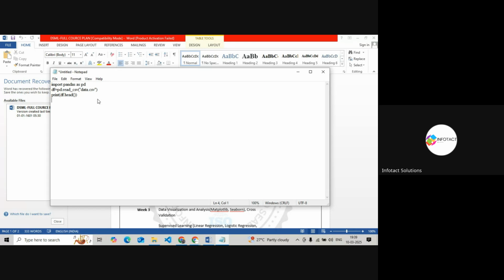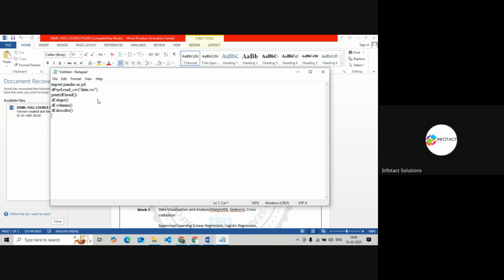Then to check the dataset shape, we use df.shape. To get the column names, df.columns. For summary statistics, describe.